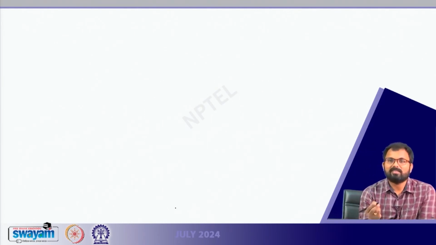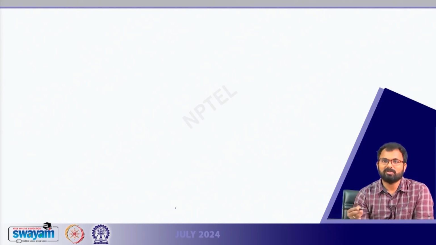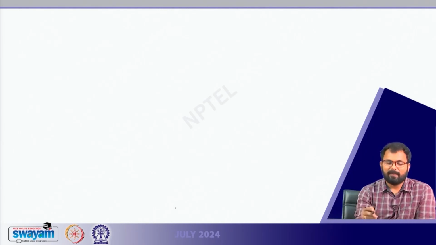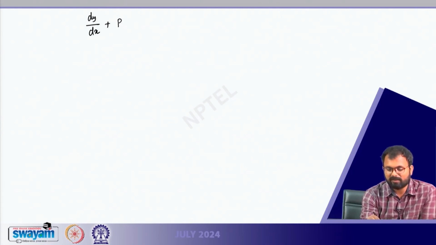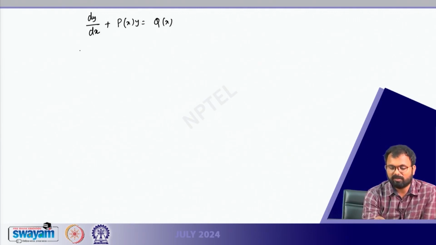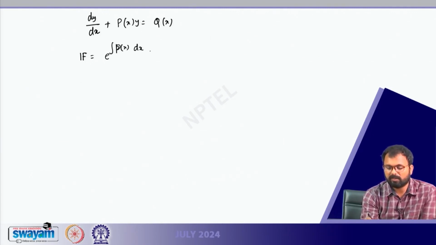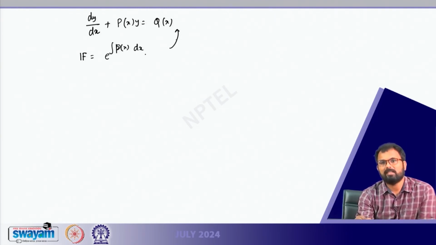So, integrating factors are again used to write your left hand side as d of something, right. So, basically what you have learnt is if you have an ordinary differential equation dy dx plus px times y equals qx, then from here we wrote down the integrating factor as e to the power integral px dx. Now, whatever you get from here, you multiply your equation with this integrating factor.